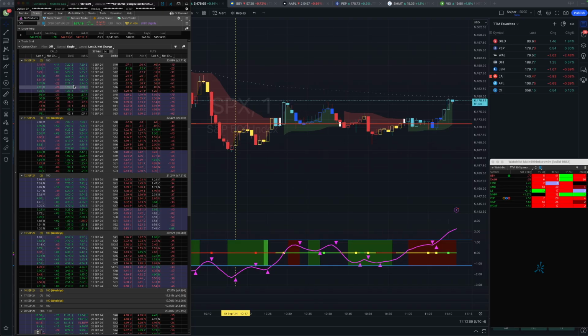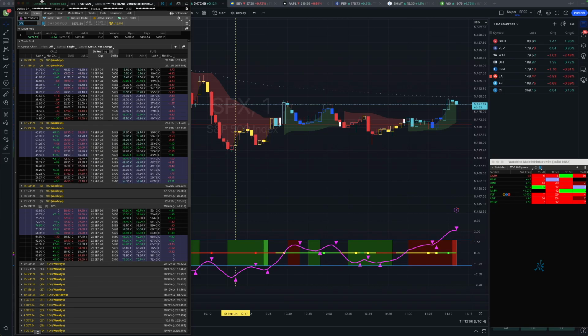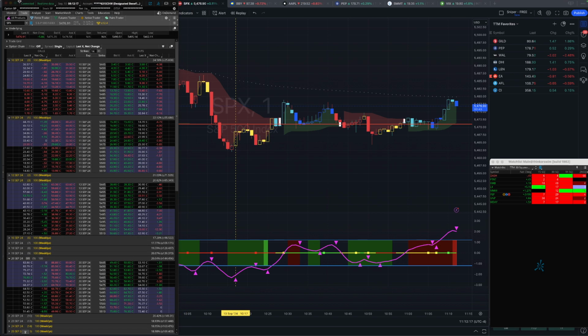That's on the SPY, and then you'll see if we hop over to the SPX, if I want a zero DTE at the money, it's going to cost me $13. That's going to be a $1,300 position, and it can really move quite quickly. One thing you're fighting with on a zero DTE trade is theta decay, right?